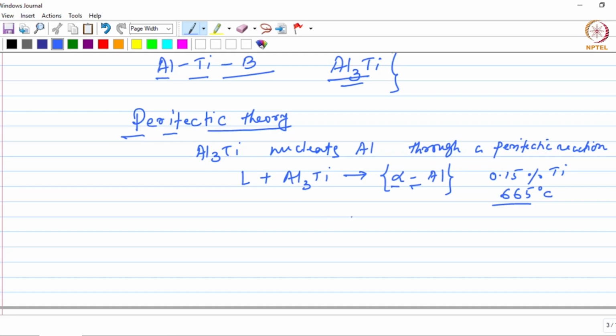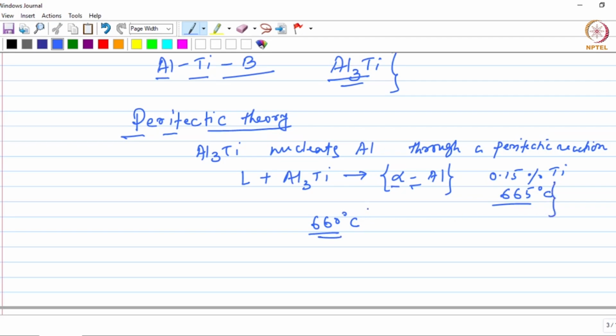Because if you talk about pure aluminium, the solidification starts at around 660 degrees Celsius, right? But this peritectic reaction occurs at 665 degrees Celsius.